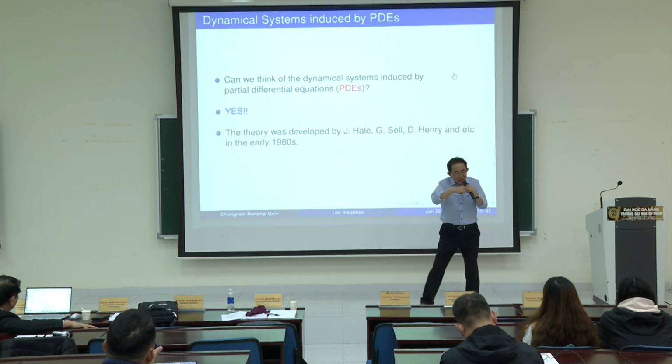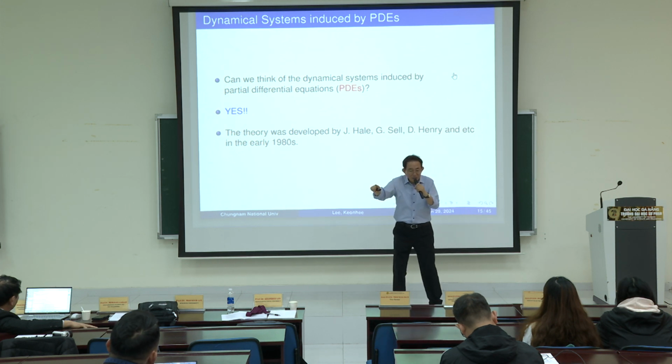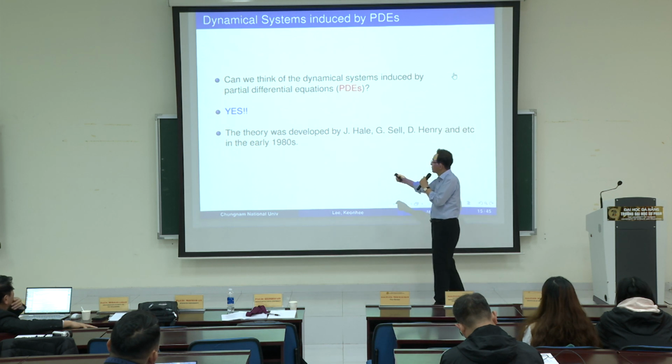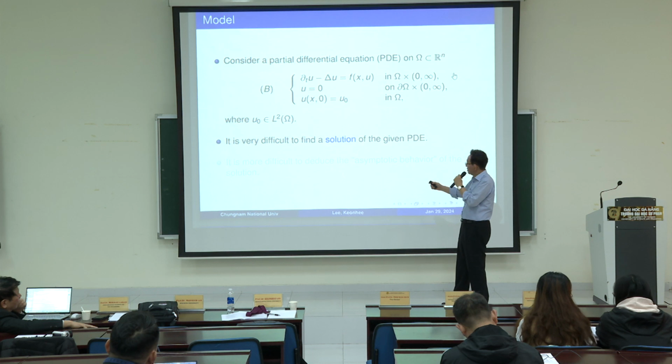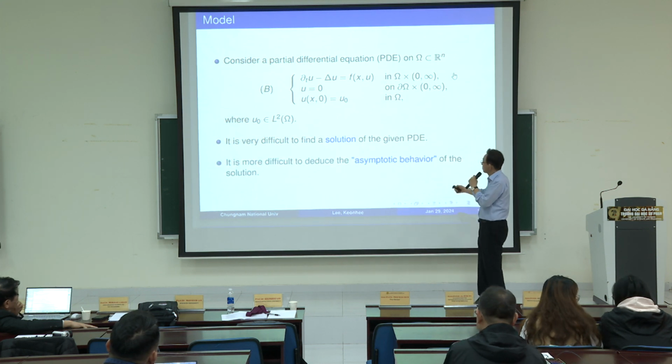We want to understand the solution. What is a solution? The abstract notion of solution is the orbit. So the notion of orbit is important, and the notion of solution is important. Let me give you a partial differential equation, but we don't need to. It is difficult to find the solution, so it is more difficult to do this one.